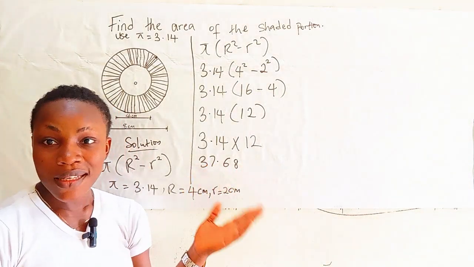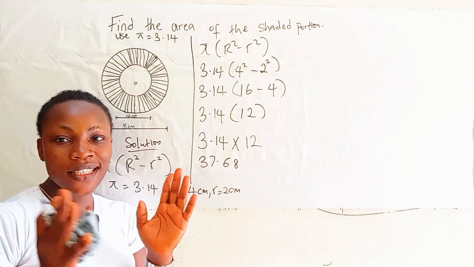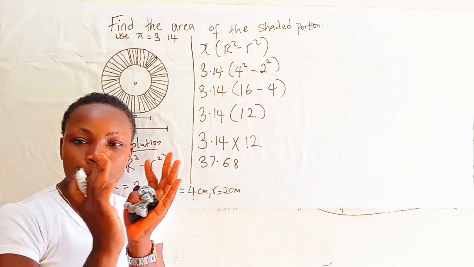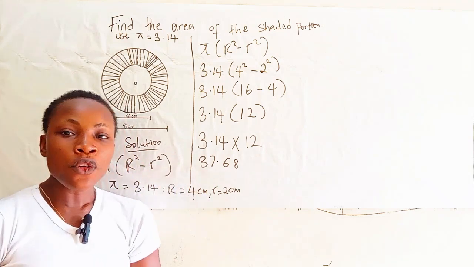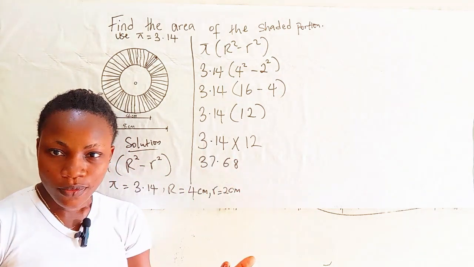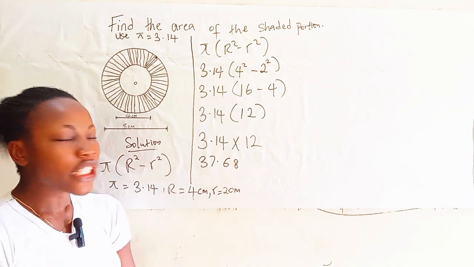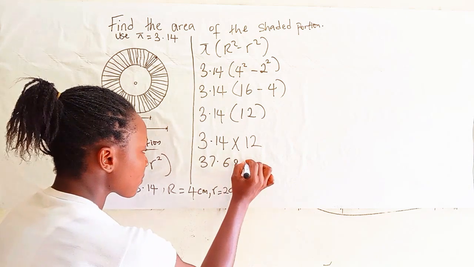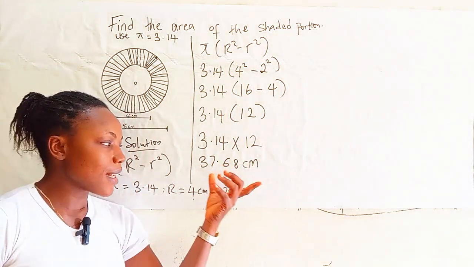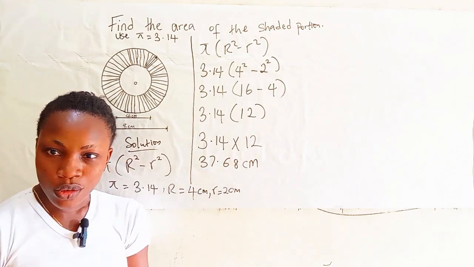This is not our answer. 37.68 is not our answer. Mind you, I'm coming to something. If you leave your answer as this, you are wrong. Okay? Now, the unit is what? cm. If you also leave your answer as this, you are also wrong.